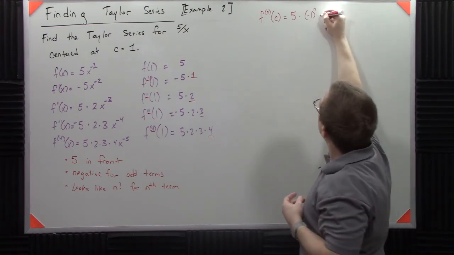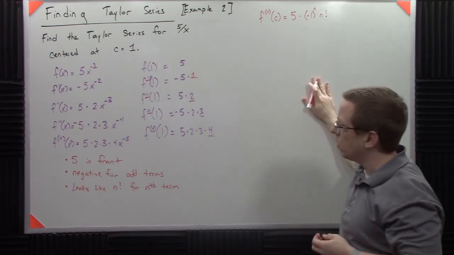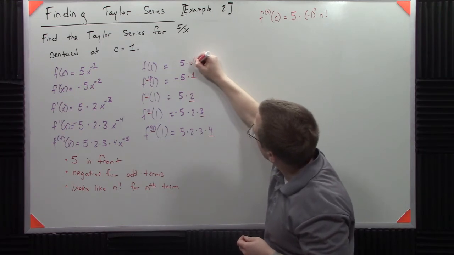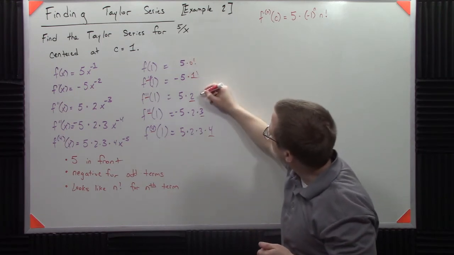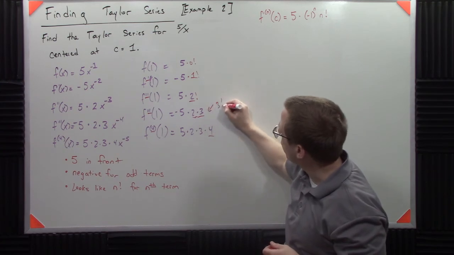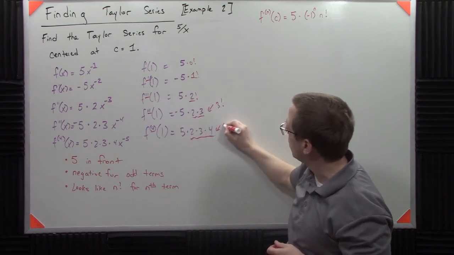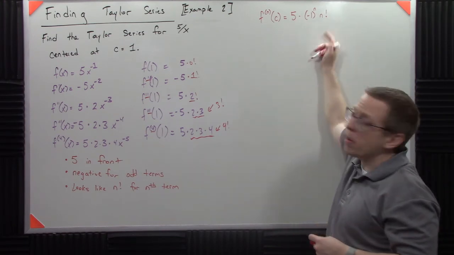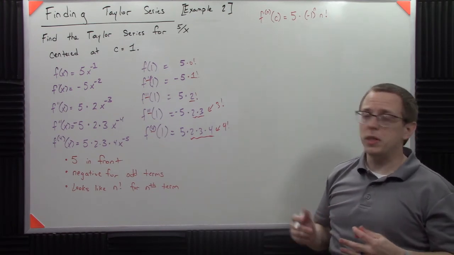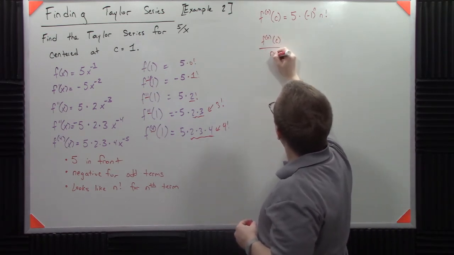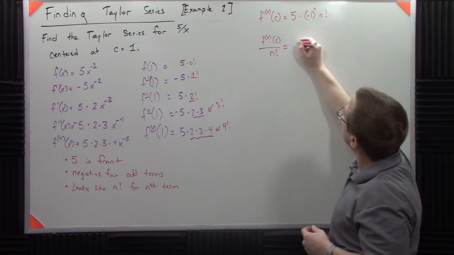And then it looks like I have an n factorial multiplied there, because this would be 0 factorial, 1 factorial, that's 2 factorial, that right there is 3 factorial, and that right there is 4 factorial. This is my pattern, but remember that with the Taylor series you need f n at c divided by n factorial, so those are just going to cancel.